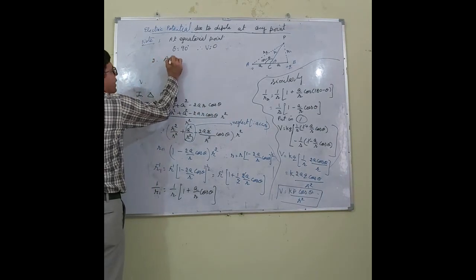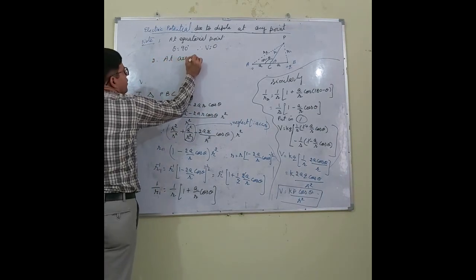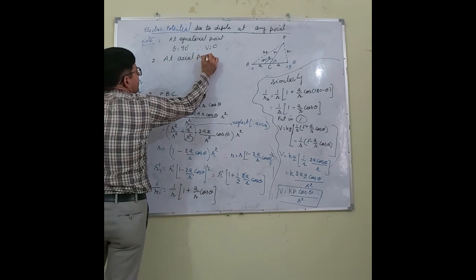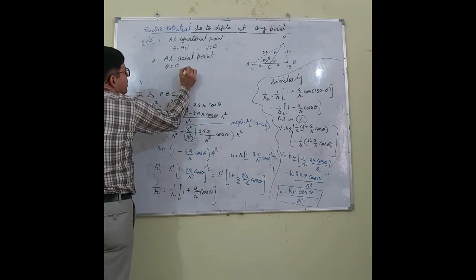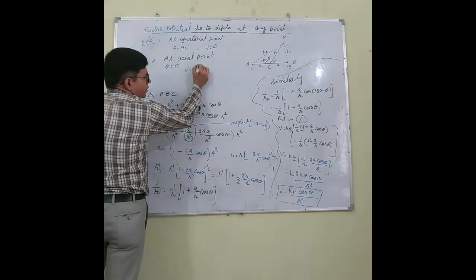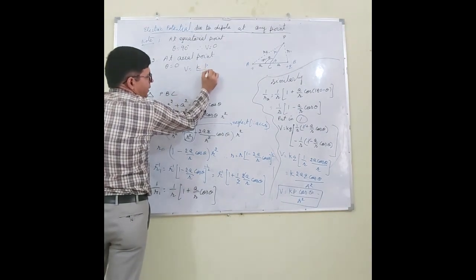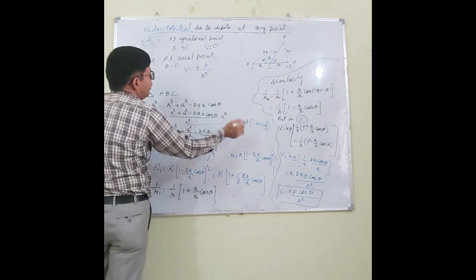And at the axial point theta is 0, therefore V equals k p by R square, because cos 0 is 1.